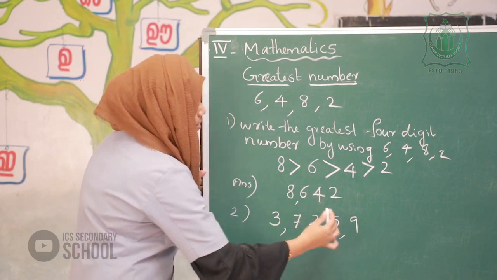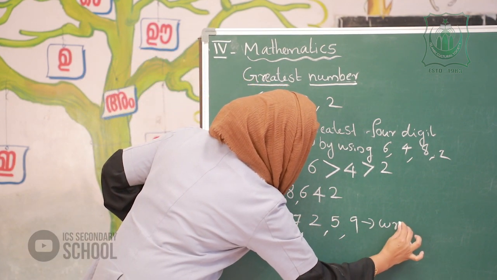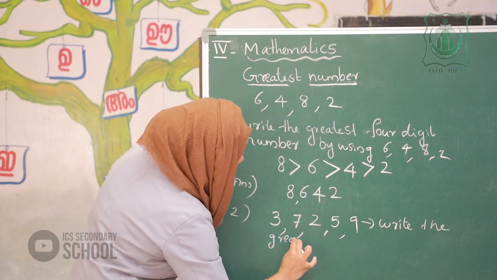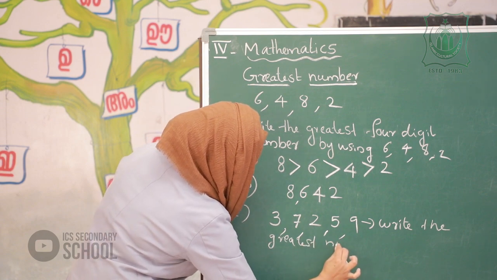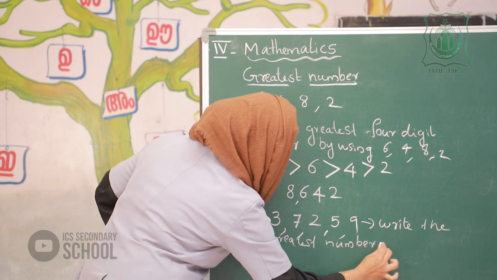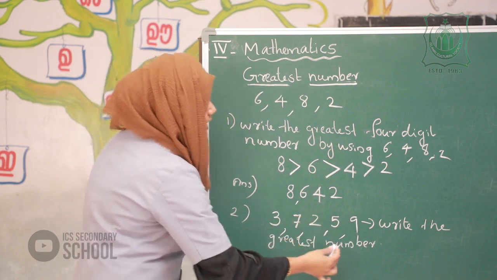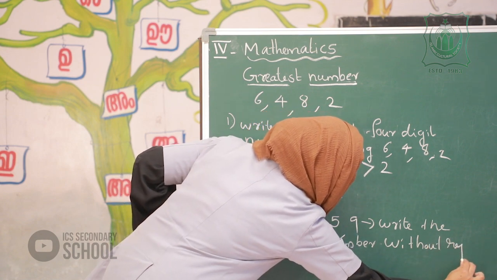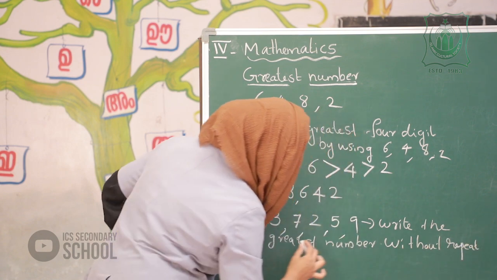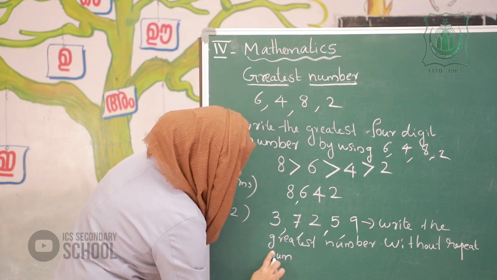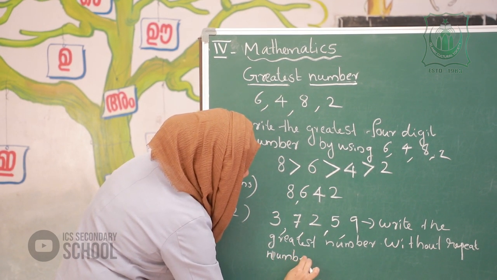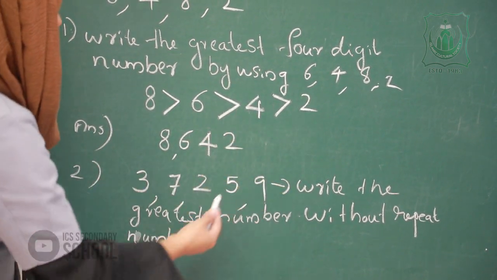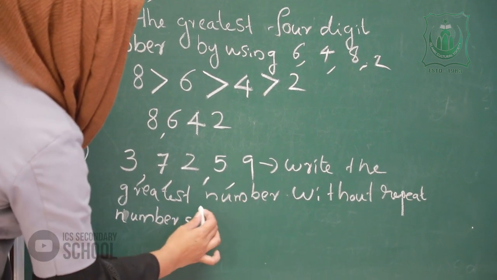Write the greatest number without repeating the numbers. How many digits? 5 digits. Write the greatest 5-digit number.